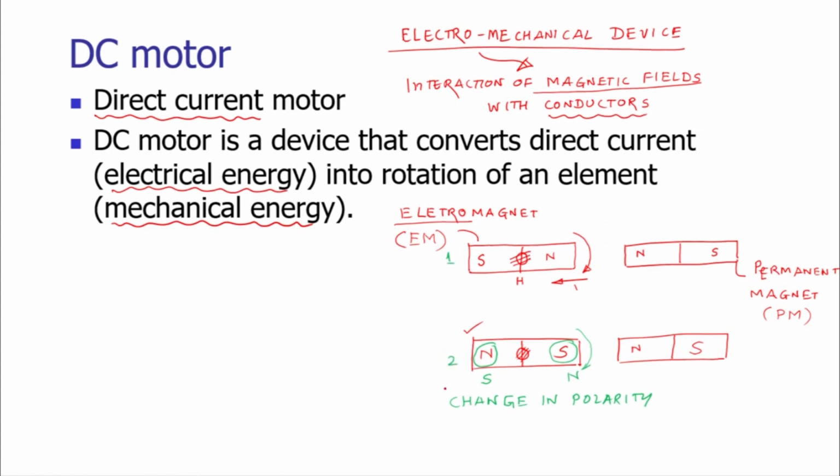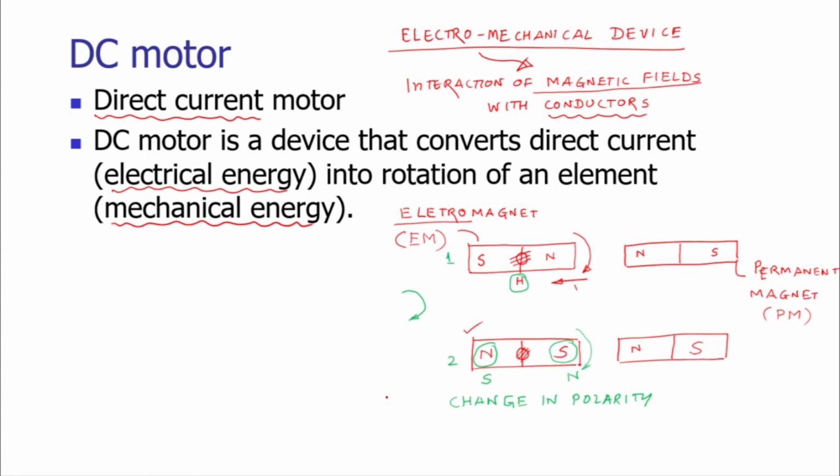The step number 1 and 2 will be repeated in sequence, and in this way we are getting the clockwise motion about H. The thing is that by having a switching mechanism of magnetization, we can get the rotation of the mechanical element, and that rotational mechanical energy can be utilized for a variety of applications that we have already seen in our previous class.